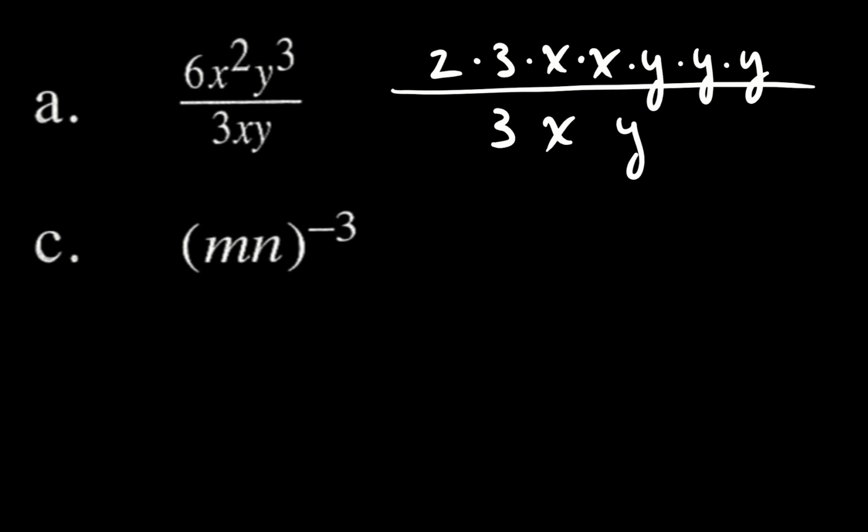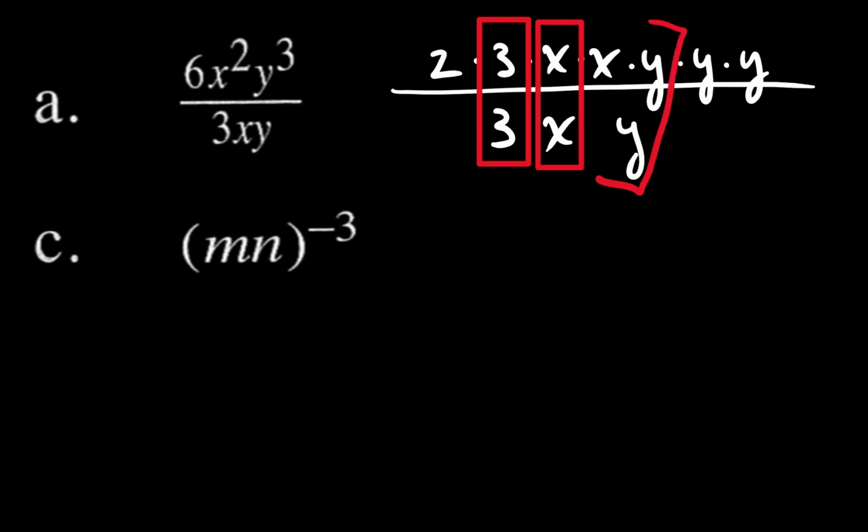So when I look at this like this, and it's not necessary that I expand it out, it's clear that there are common factors, right? Or we could call them giant ones. 3 divided by 3 is the number 1. x over x is the number 1. This y divided by this y is the number 1.